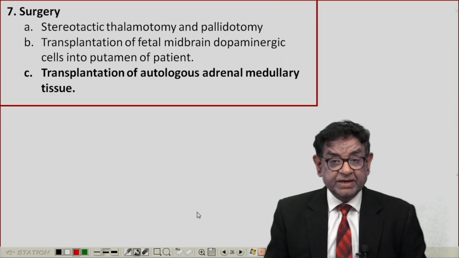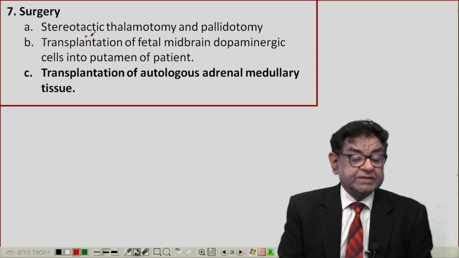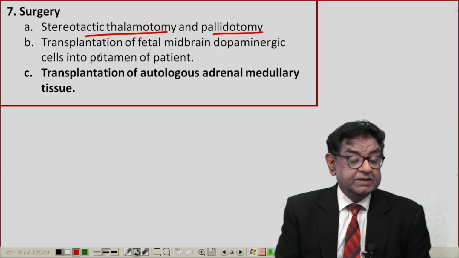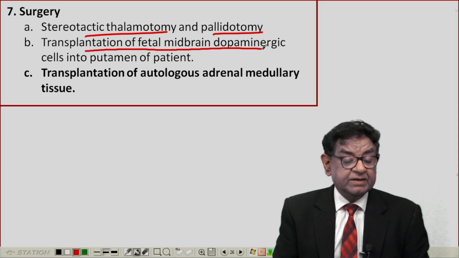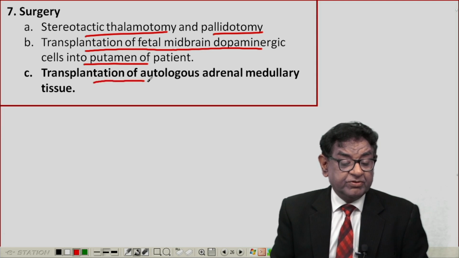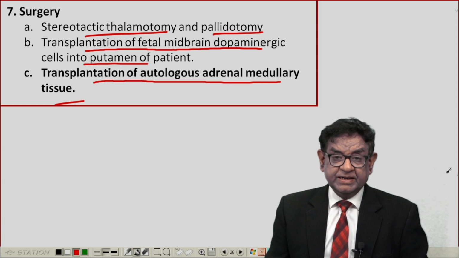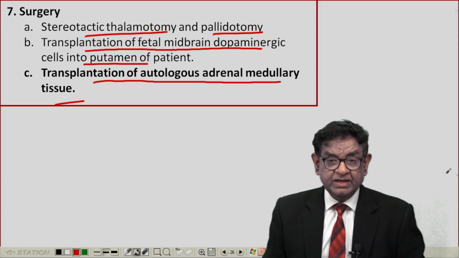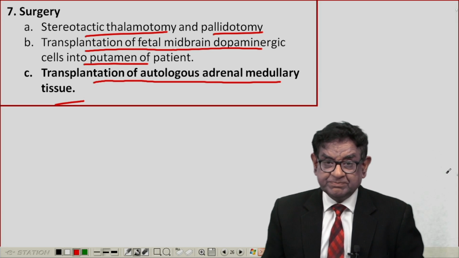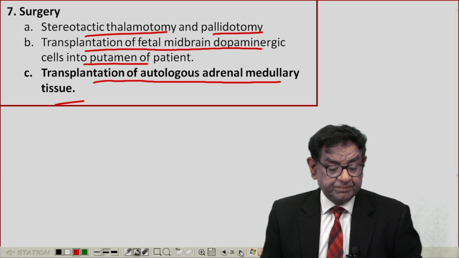Surgery is now being tried in many cases: stereotactic thalamotomy, pallidotomy, transplantation of fetal midbrain into the putamen of the patient, transplantation of autologous adrenal medullary tissue. They are the surgical treatments done in some cases, but again not a very popular treatment, very expensive, not easily available. There are some limitations.